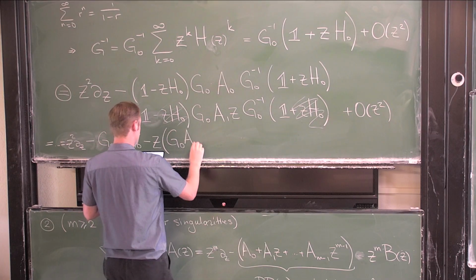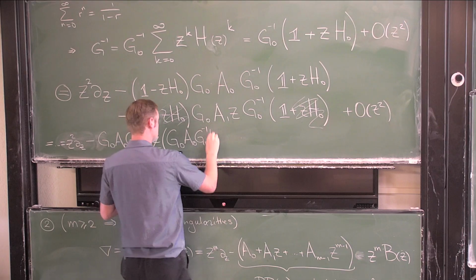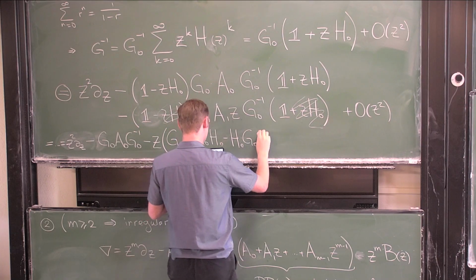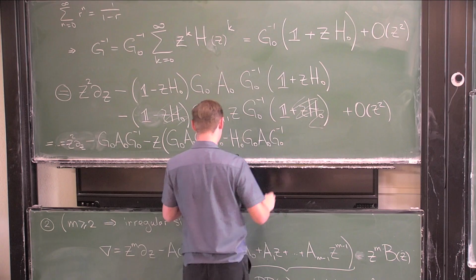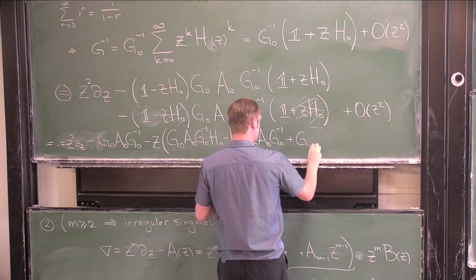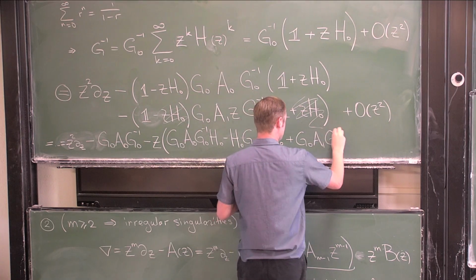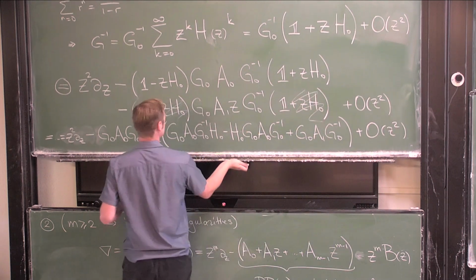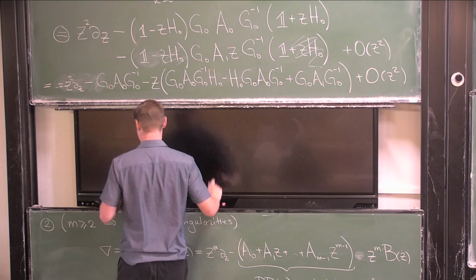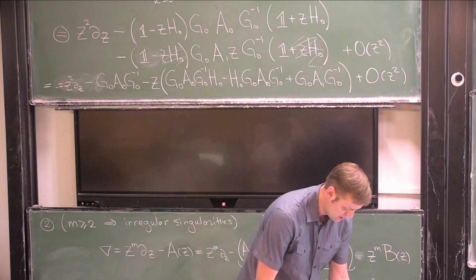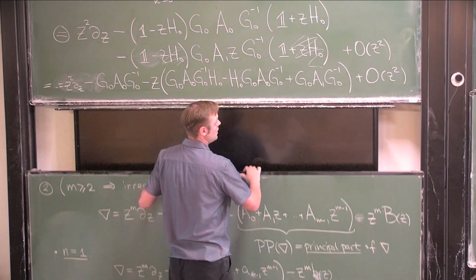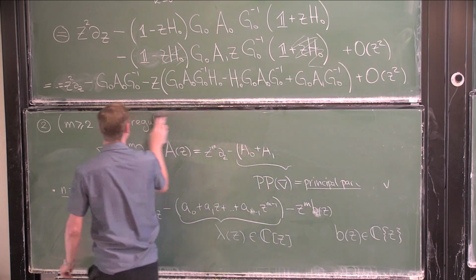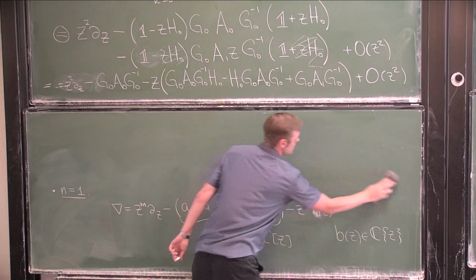So we get G0 A0 G0 inverse H0 minus H0 G0 A0 G0 inverse plus G0 A1 G0 inverse. So that's the expression.